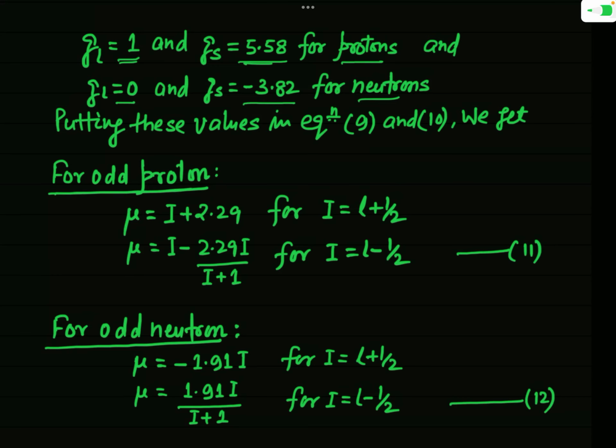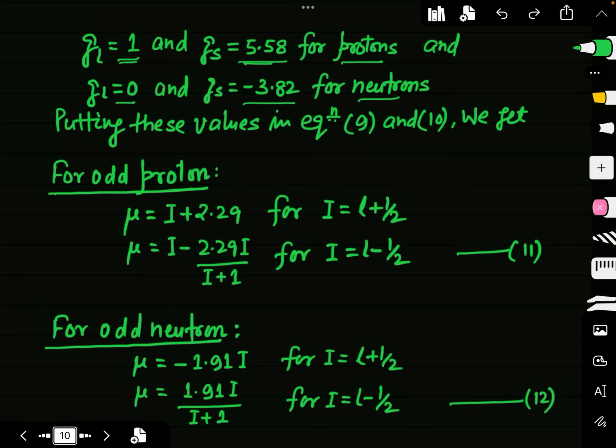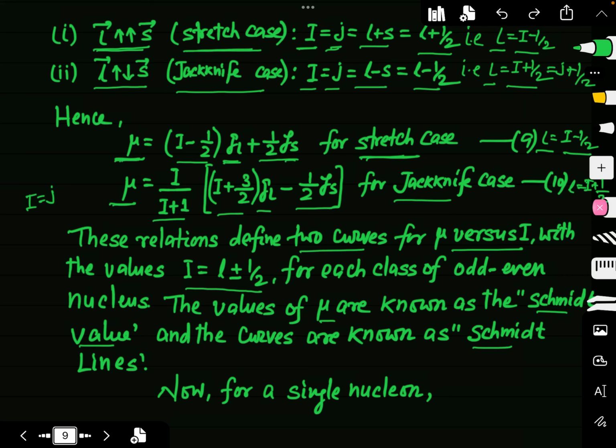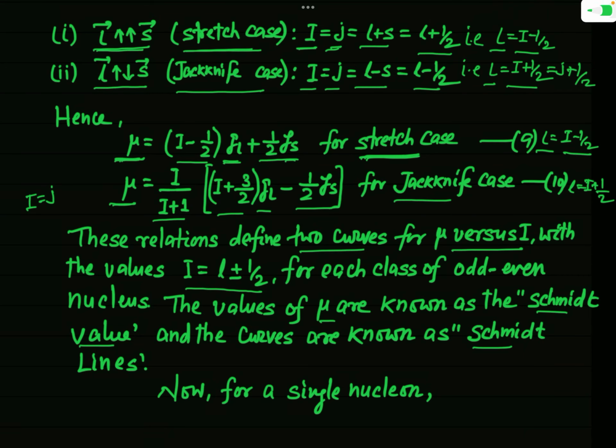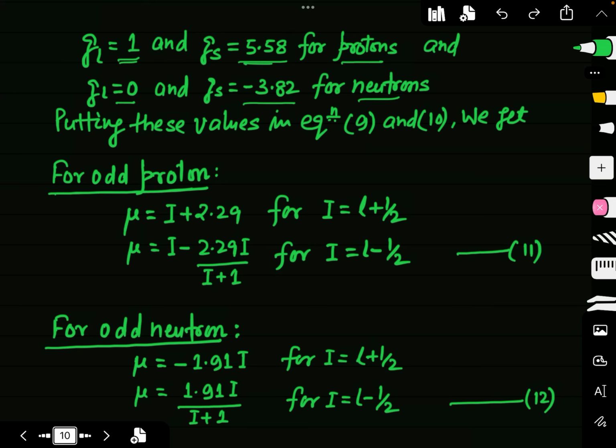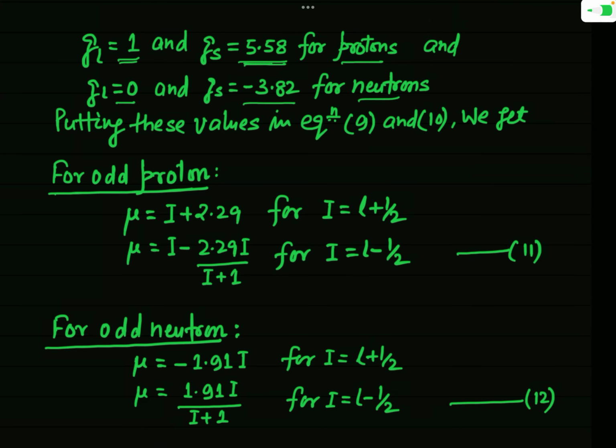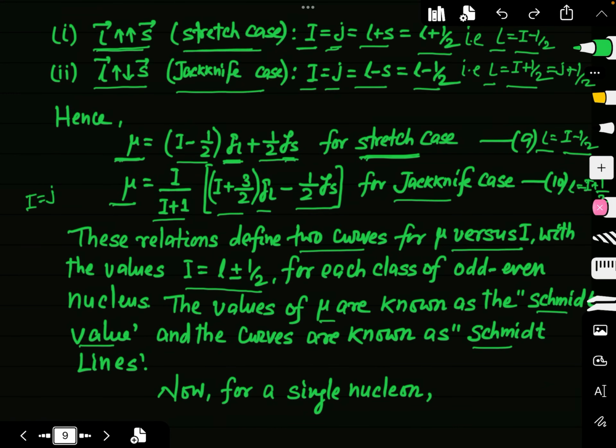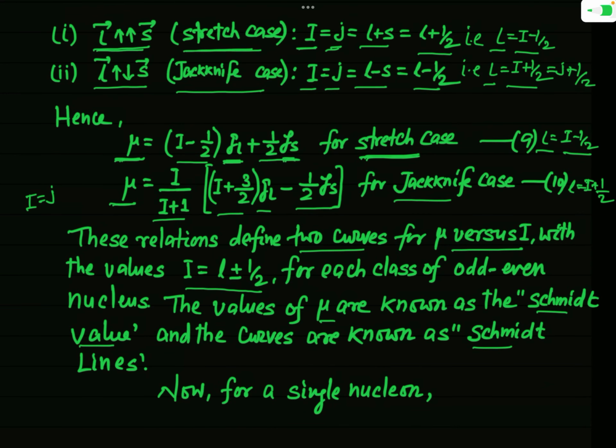So for odd proton, if you want to write the expression for mu in a stretch case, we will substitute the value of GL and GS for proton. You have seen GL is equal to 1 for proton, and the value of GS is 5.58. Okay, so substituting GL equal to 1 and GS equal to 5.58 in equation 9, we will get the expression for the magnetic moment of the odd proton in a stretch case.